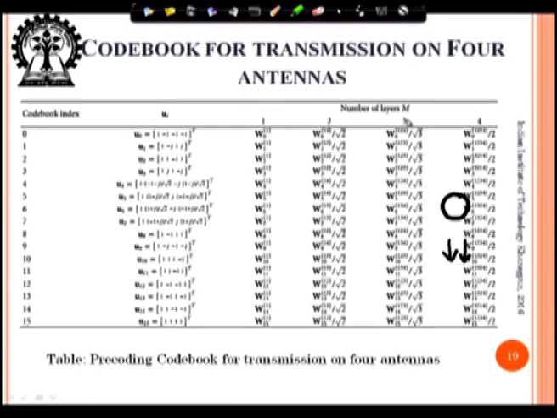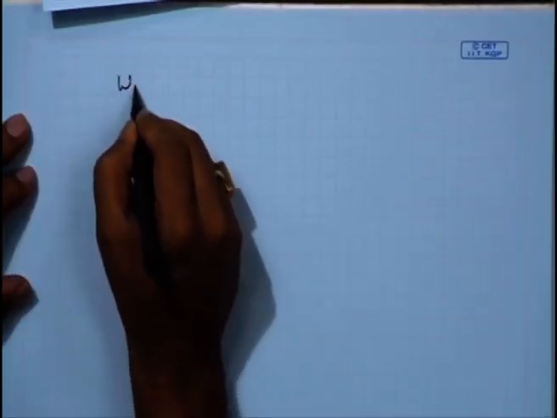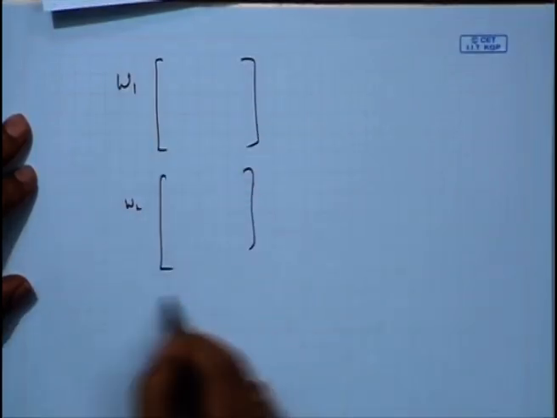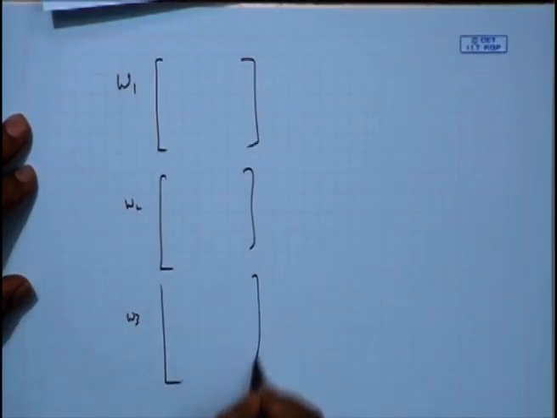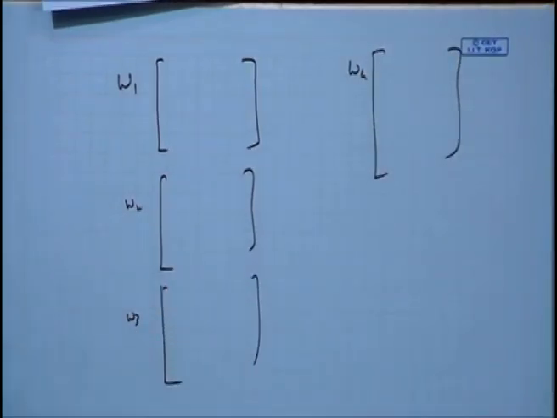So, basically, we are saying that there is W1 which is a matrix, there is W2 which is a matrix, W3 which is another matrix, W4 which is another matrix. Now, these matrices are all predefined, one does not have to define W. In the case of SVD, your W is basically V, and at the receiver what do you do?